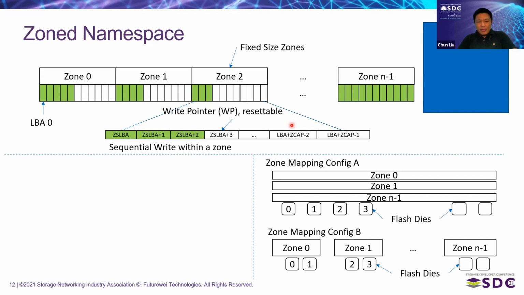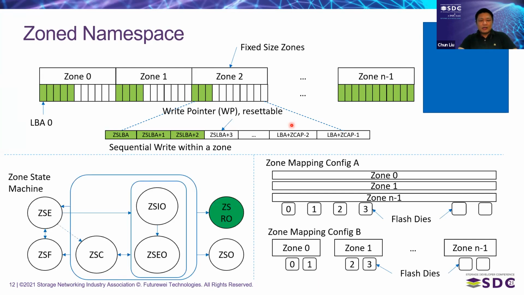By setting the zone mapping configuration, the zone size can be large or small, depending on the number of flash dies it spans. Also, take a look at the zone state machine. We have the empty state, ZSE.